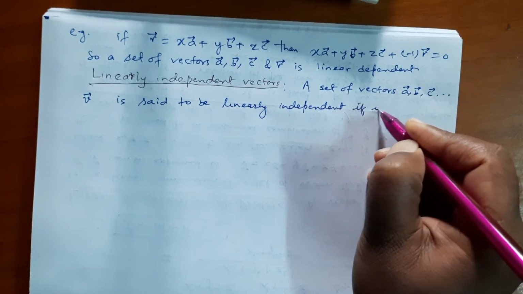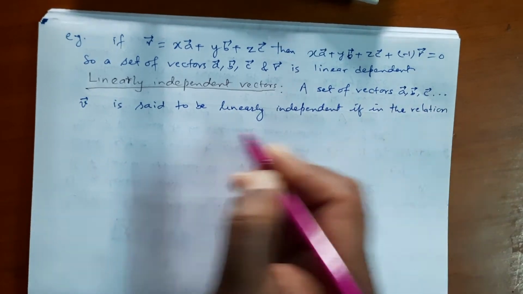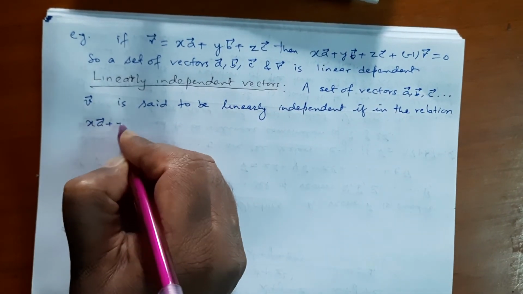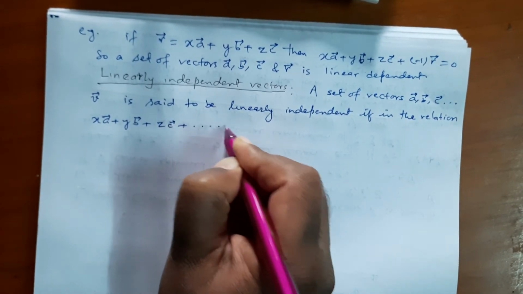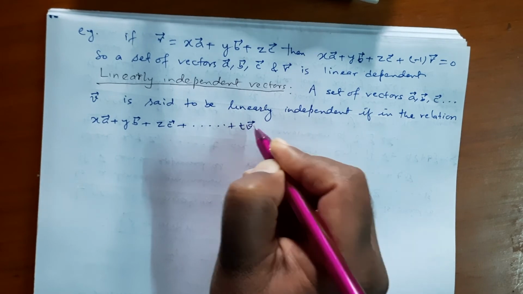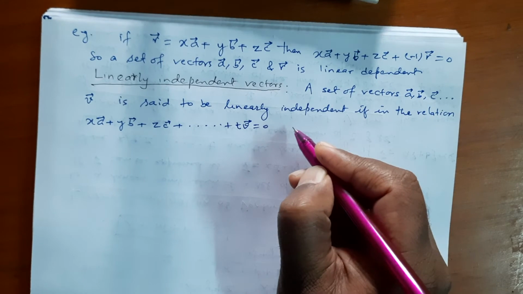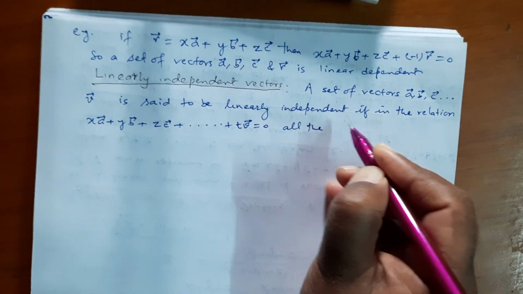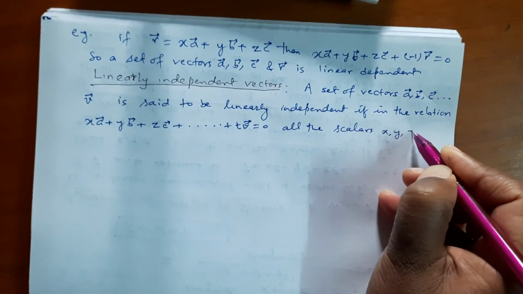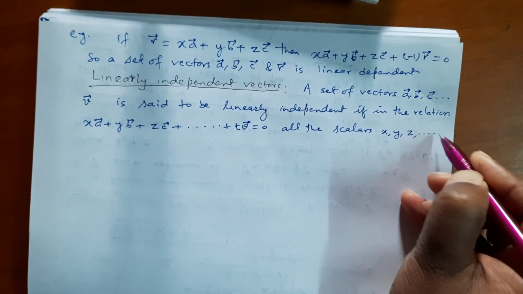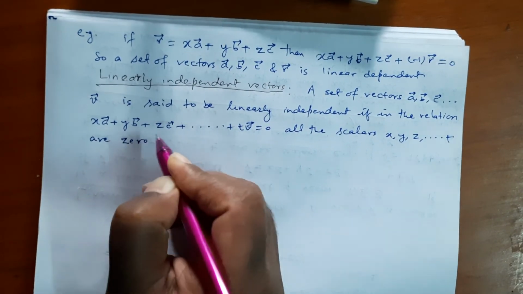if in the relation x a vector plus y b vector plus z c vector plus plus t v vector equals to 0, all the scalars x, y, z, t are 0.